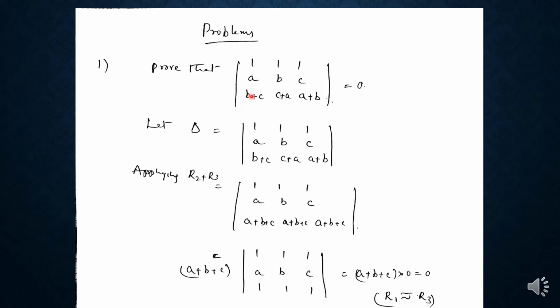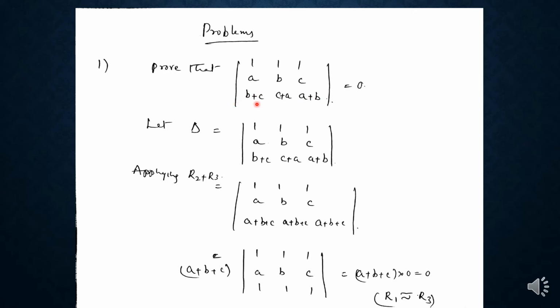By adding this we will get a plus b plus c. Here also by adding the above element, this becomes a plus b plus c. By adding the above element we will get a plus b plus c. So if it is a common value in any row or any column, we can take out that as common. We will get ones in the determinant.